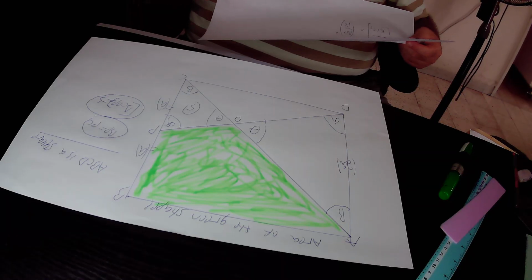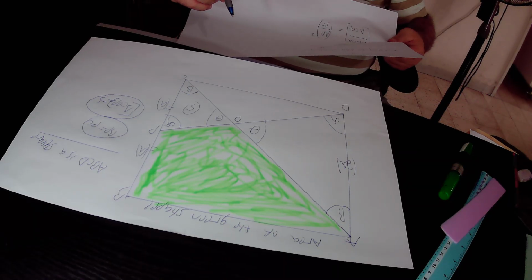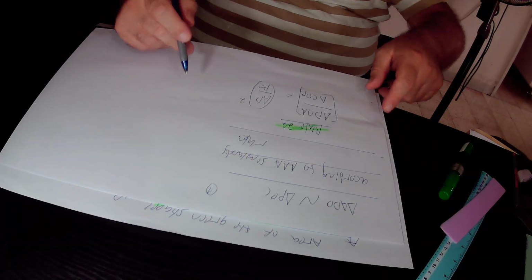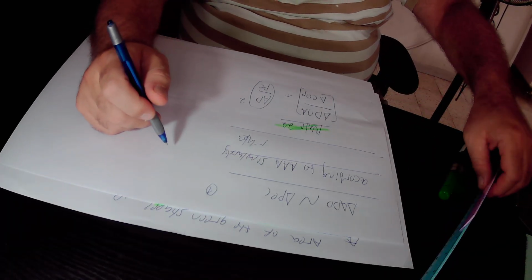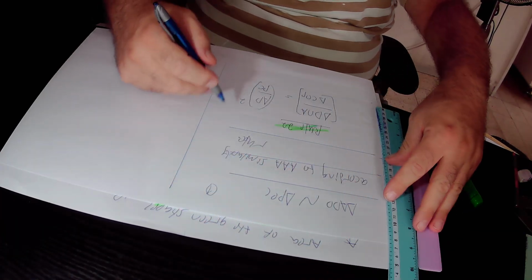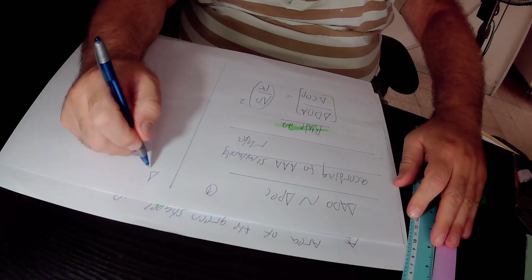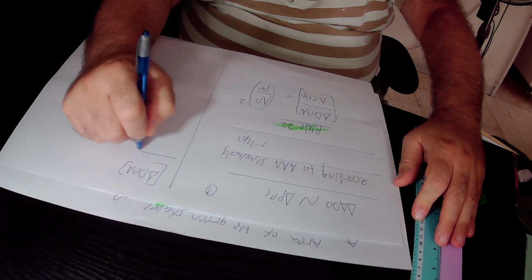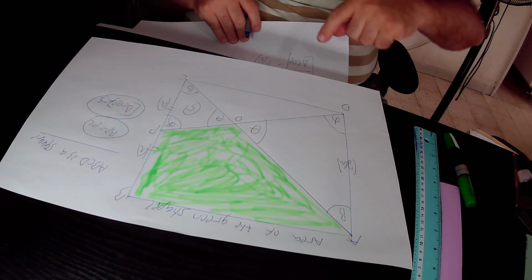Okay. The area of triangle DOA is unknown, so we leave it as it is, over the area of triangle COP.